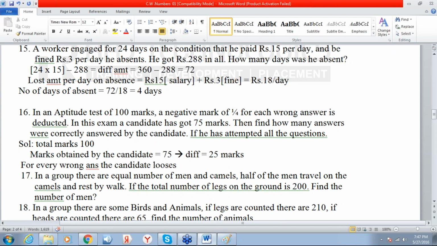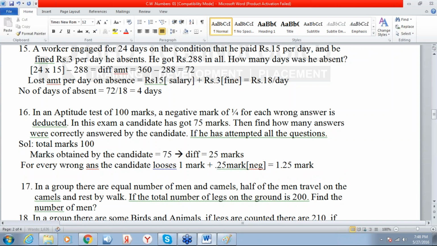He loses 1 mark plus 0.25. 1/4 is 0.25 mark, which is negative. In total, for every wrong choice, the candidate loses 1.25 marks.